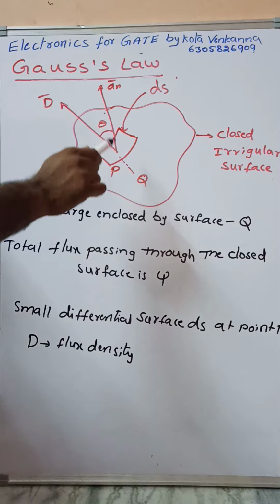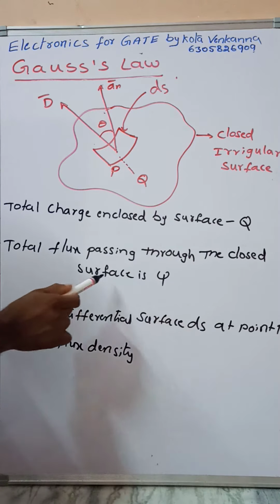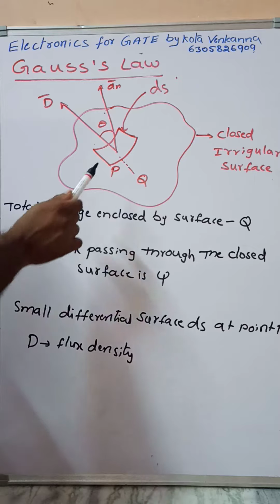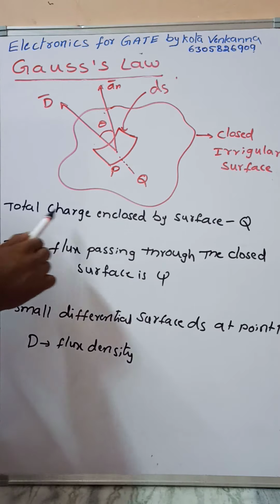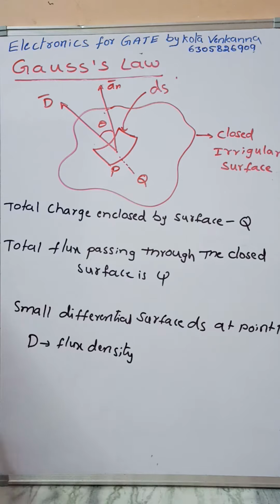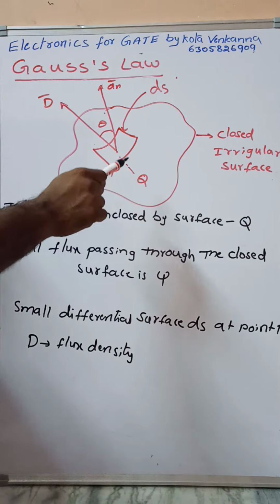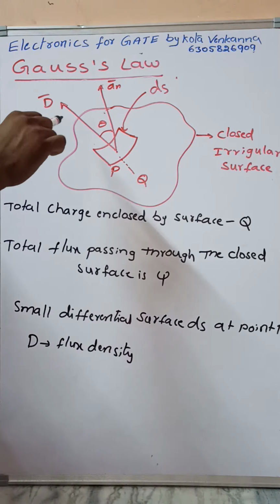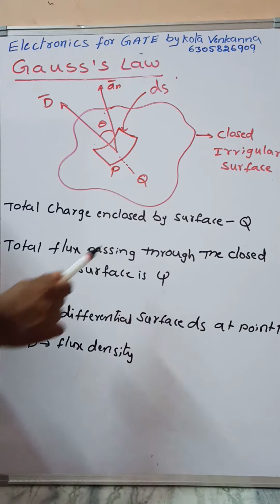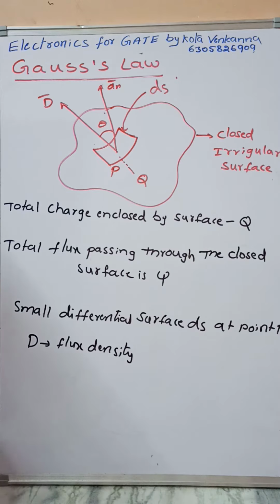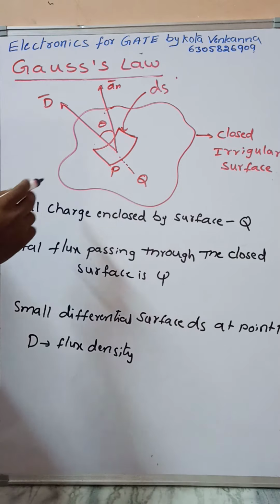Q is the total charge enclosed by the surface, and psi is the total flux passing through the closed surface. From this irregular closed surface we can derive the mathematical equation of Gauss law.